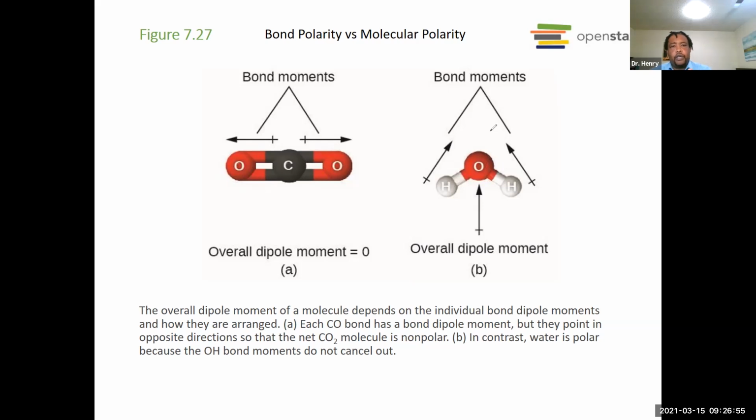They're both going towards that oxygen, and so your overall dipole moment is also going to be going towards that oxygen. Oxygen is pulling both of them towards it. Does that make sense? Yeah. Okay. So water is polar and carbon dioxide is nonpolar.